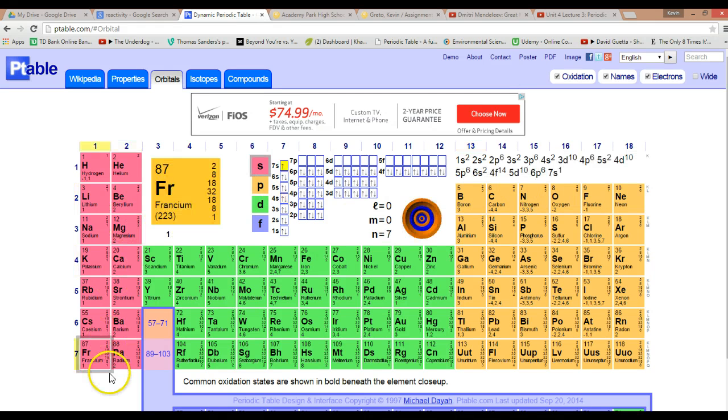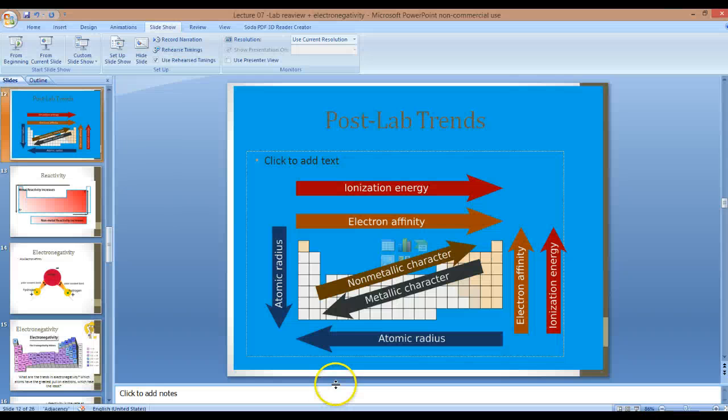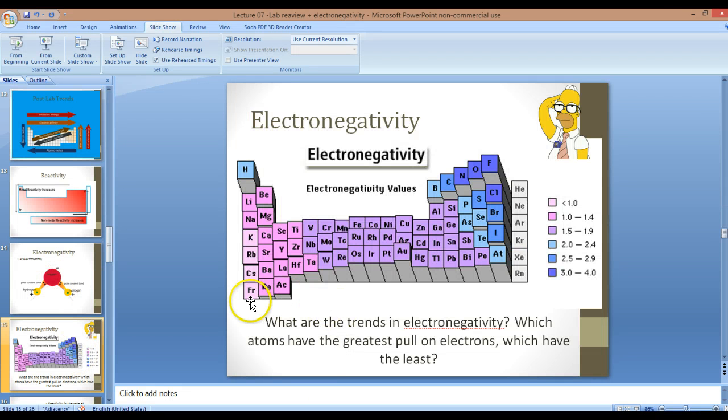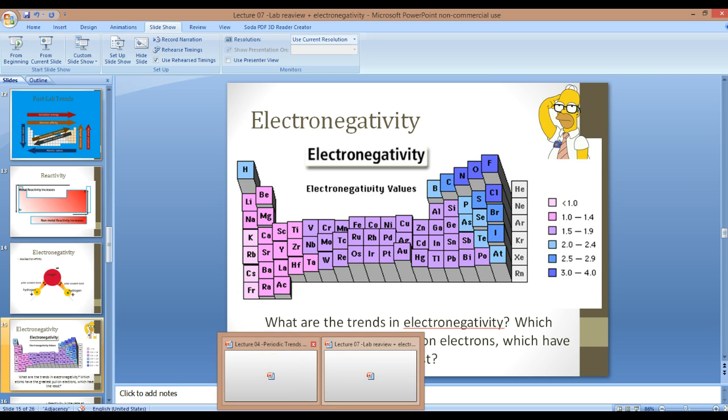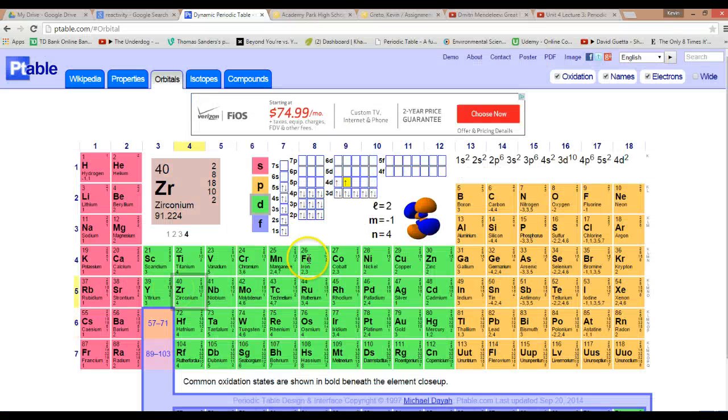Over here on the opposite end of the spectrum, we saw that francium, other than the noble gases, looked like it had the smallest electron affinity, electronegativity. The reason is that francium doesn't want any more electrons, right? It would rather lose an electron.